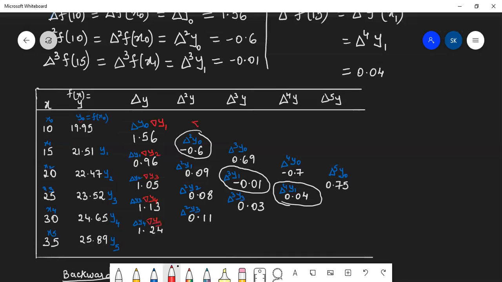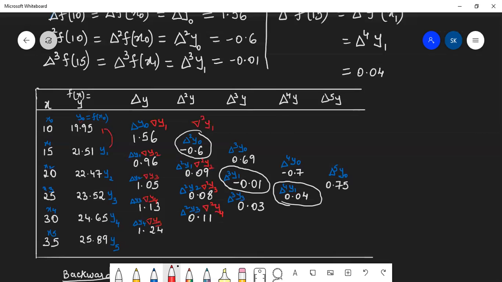This is backward delta square y1. This is backward delta square y2. Backward delta square y3. Backward delta square y4. Why? Because I said y1 minus y0.